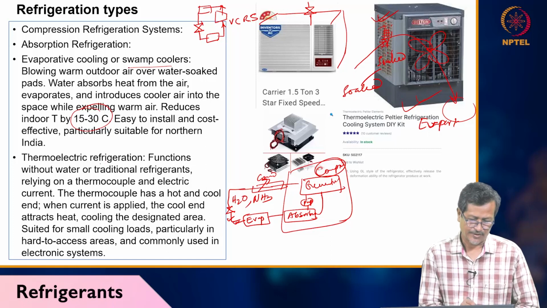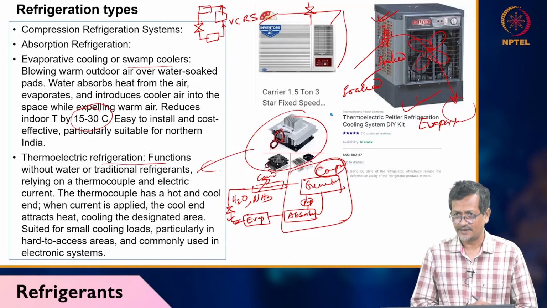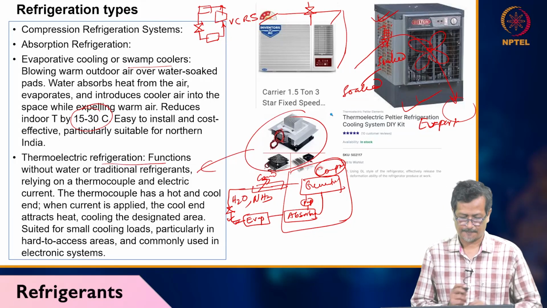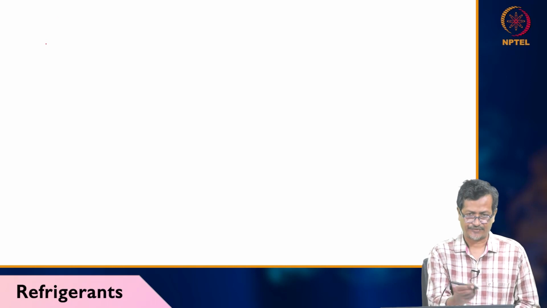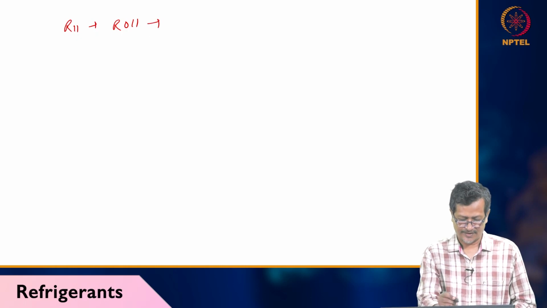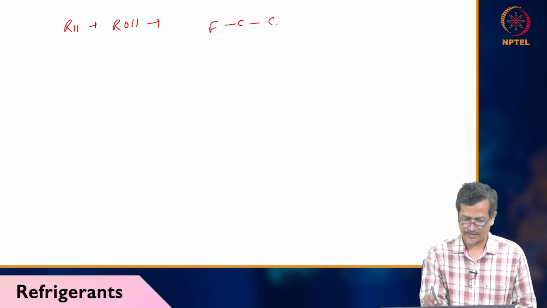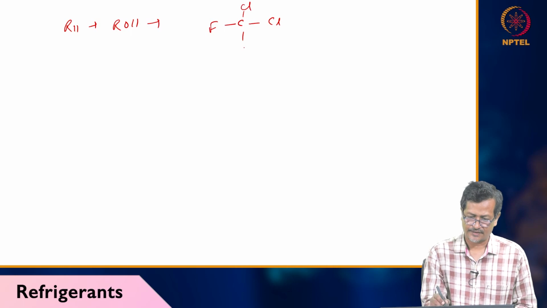Okay. Thermoelectric refrigeration system is also there, but it is very little used, especially for electronic cooling. Now, when we write refrigerant designations, R11 will be R011 as per the formula. Then you can represent it in chemical formula like this: C carbon, F fluorine, chlorine, chlorine, chlorine.